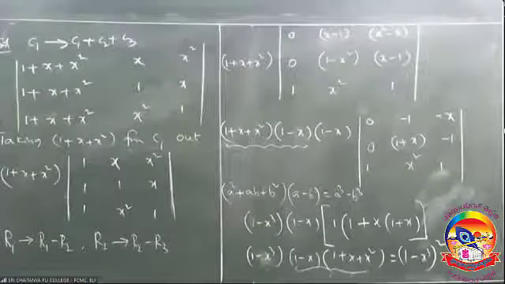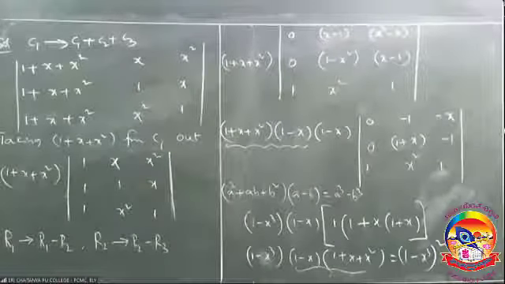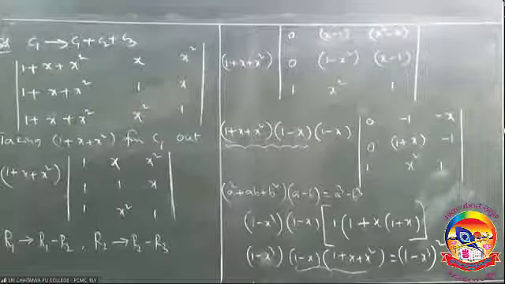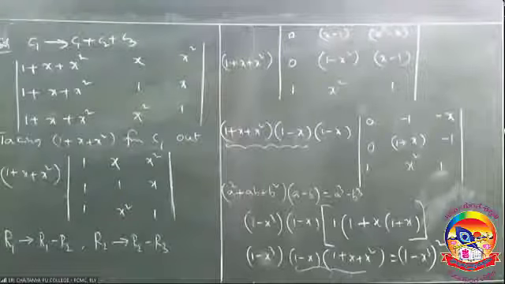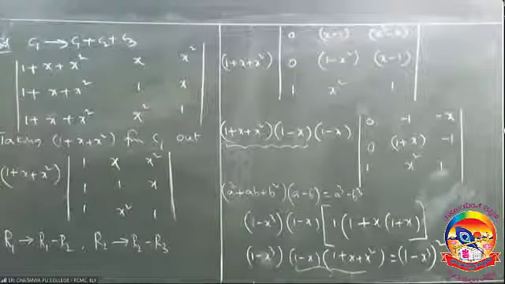And second column as it is, the third column as it is, right? Now I am going to take 1 plus x square outside. First column I am going to get 1, 1, 1. Second column x, 1, x square as it is. Third column x square, x, 1 as it is, right?